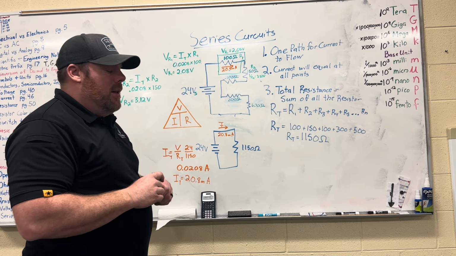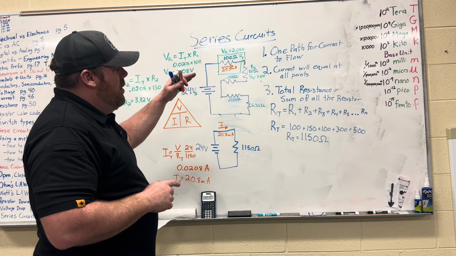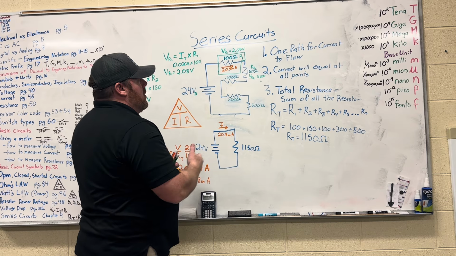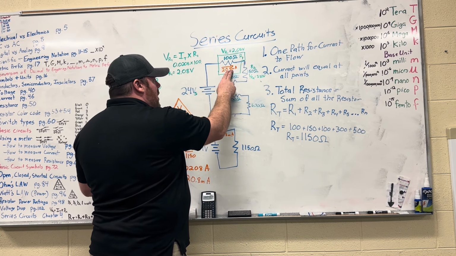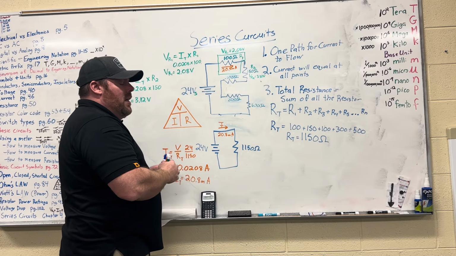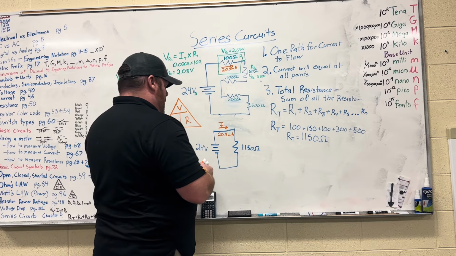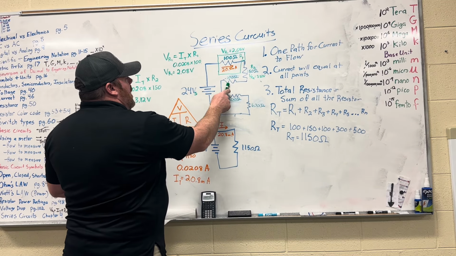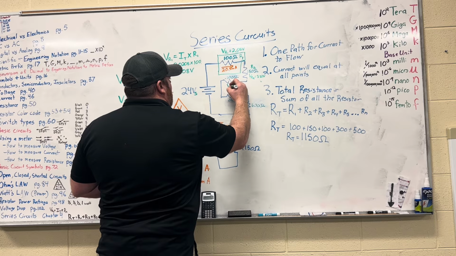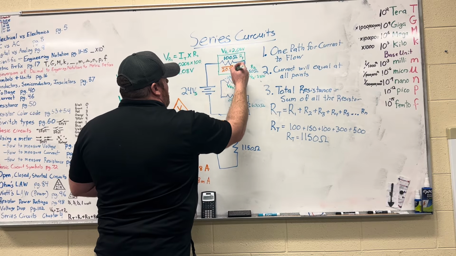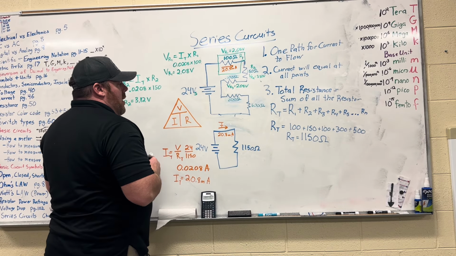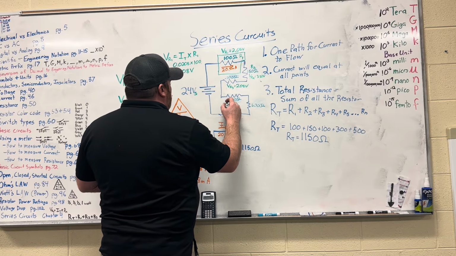Drawing's getting a little cluttered again. And we can continue doing that for all the values. The total current is still the same, so we're just multiplying total current times the resistor value of each one. This one happens to be the same. It's 100 ohms. That was 100 ohms too. So the voltage drop across R3, we already know it's going to be 2.08. Now with 300, you could do the math on it.